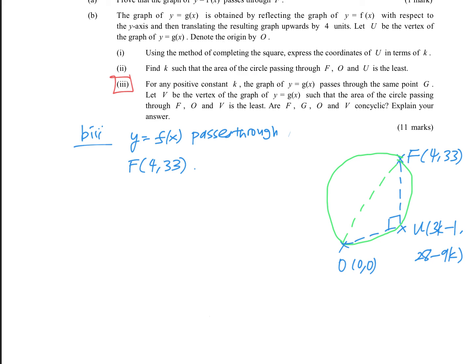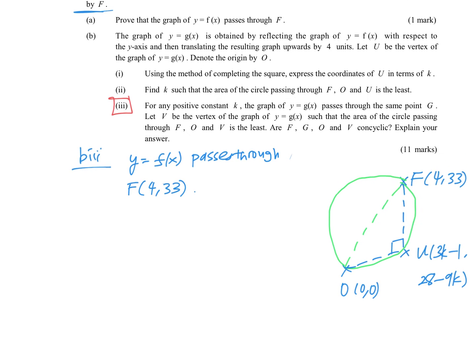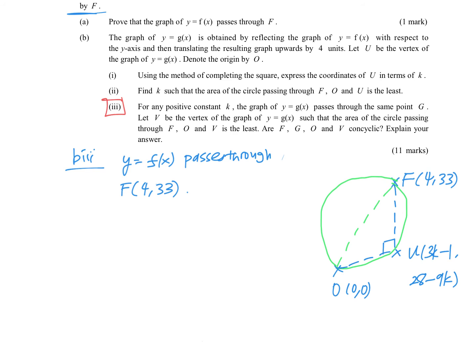And then don't forget how we transform the graph of y equals f(x) into y equals g(x). First of all, we try to reflect with respect to the y-axis. So that's why y equals g(x) will also pass through the transformed point.